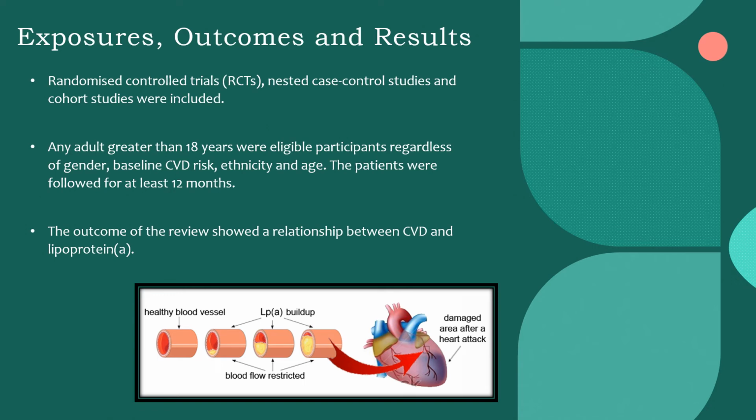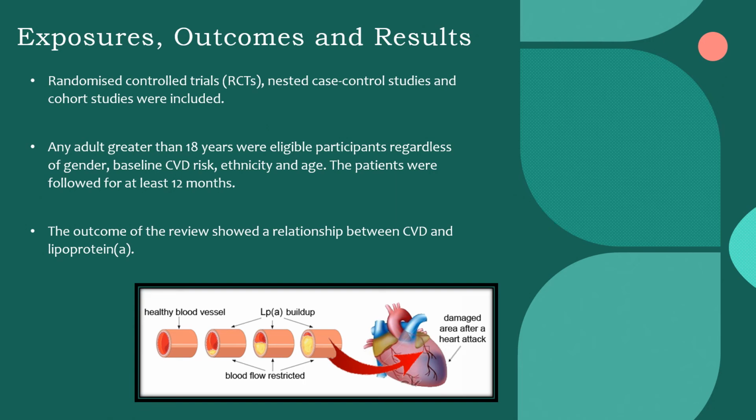As you can see in this picture, there is a healthy blood vessel, the first one, which shows the blood inside the blood vessel in a red color. And then we can see how the lipoprotein, also known as bad cholesterol, is building up inside the arteries, and how that yellow color is replacing the red color of the blood.